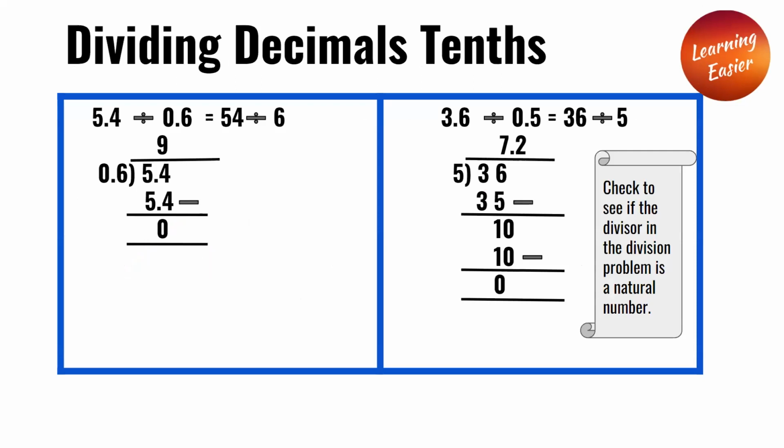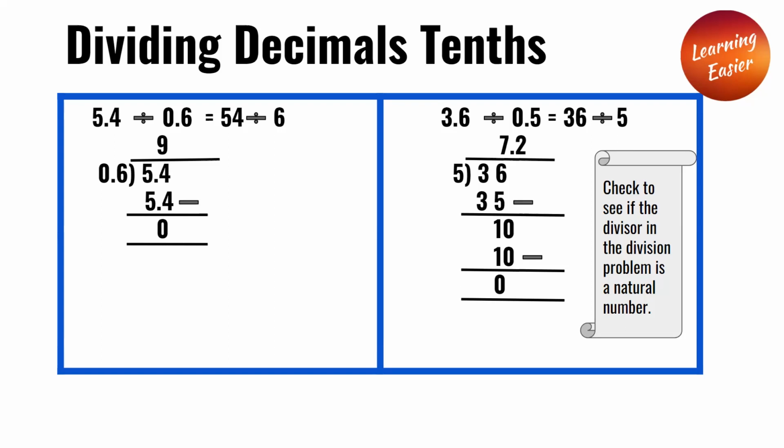Dividing decimals in the tenths place value. First, we're going to be dividing 5.4 by 0.6. When we're dividing decimals, we have to see if the divisor in the division problem is a natural number.